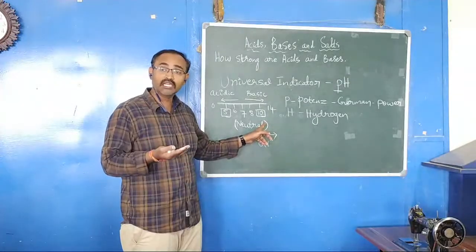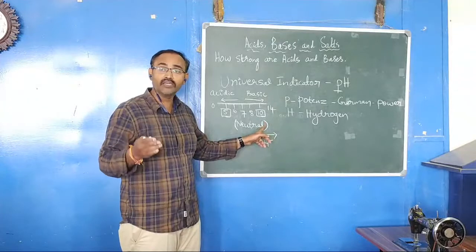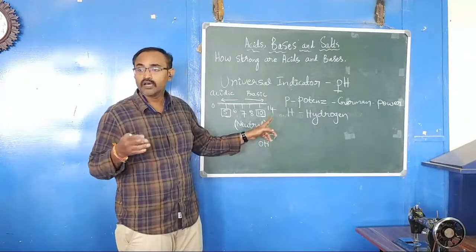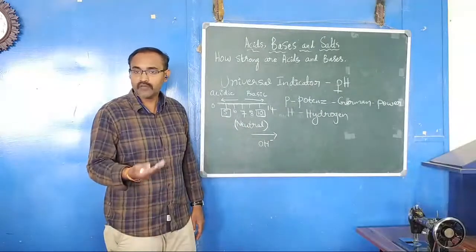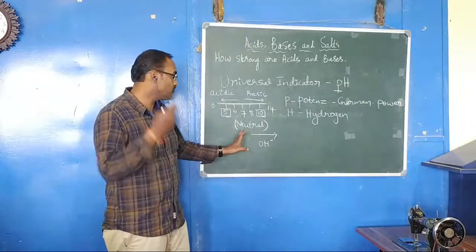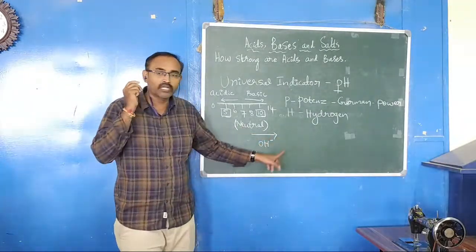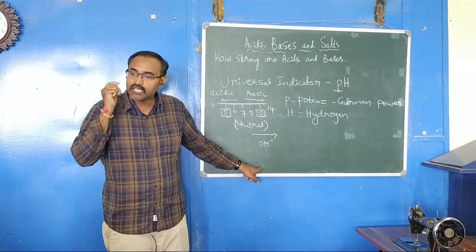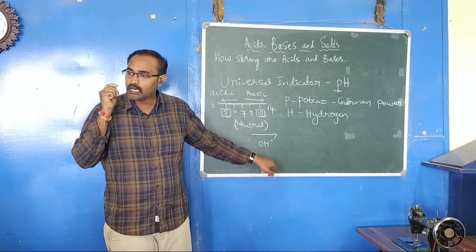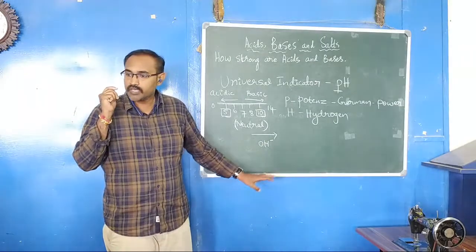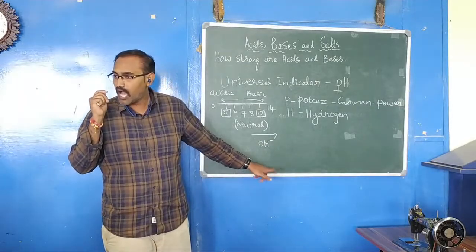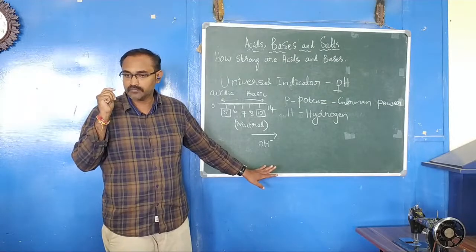More basic indicates that it has more hydroxyl ions. So as you move from 7 to 14, there will be an increase in the hydroxyl ion concentration.